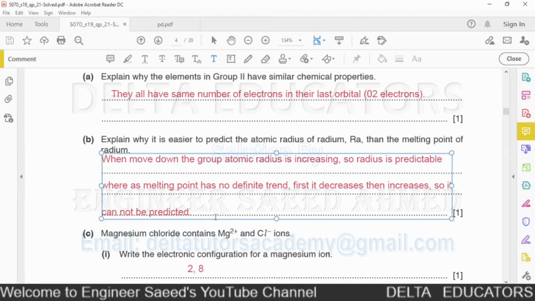On the magnesium ion there is 2 positive charge. 2 positive charges means 2 electrons are lost. So in the magnesium ion the total number of electrons will be 10. Now if we write the electronic configuration of this magnesium ion, 2 electrons will be in the first orbital, 8 electrons will be in the second orbital. So total electrons are 2 plus 8, it will be 10. And in magnesium plus 2 ion, we have only 10 electrons.